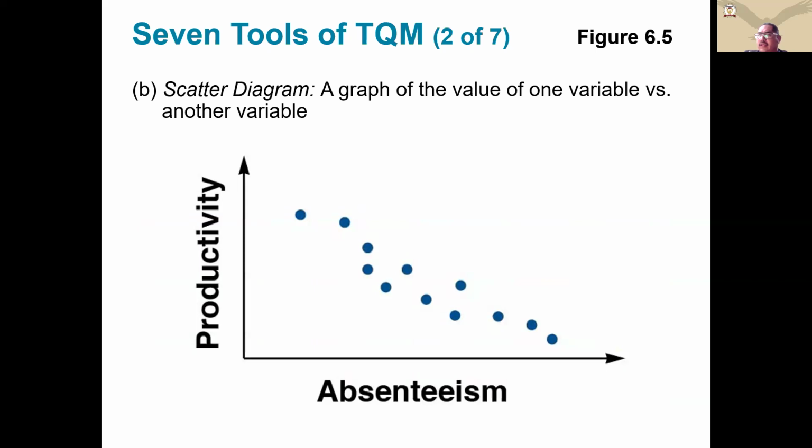The second one is the scatter diagram, okay? And with the scatter diagram, we're trying to graph or create a depiction to see if a particular variable or particular measure in our operation is affected by another variable, right? So if you notice in this case, productivity decreases as absenteeism increases, right?